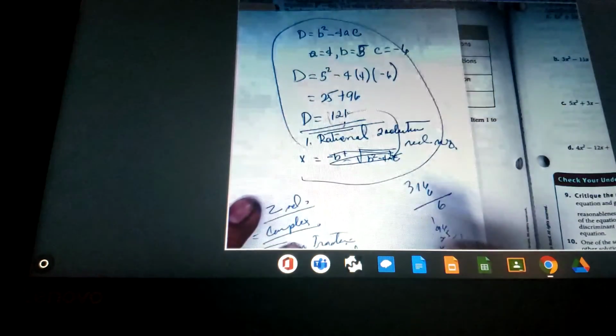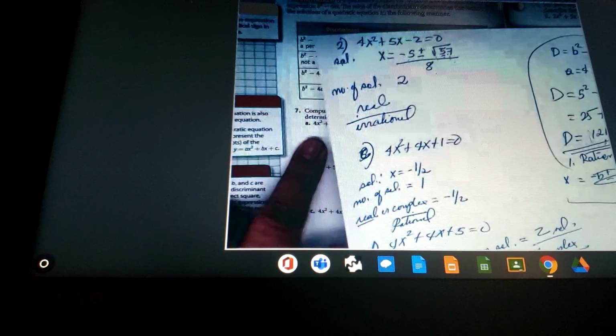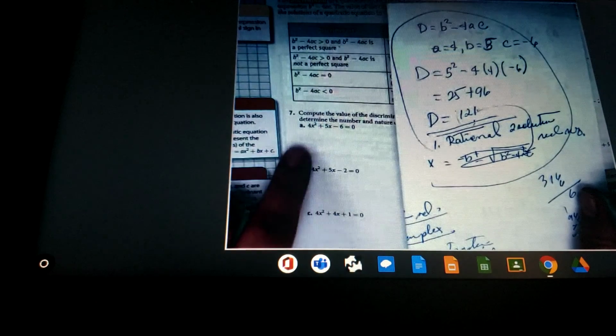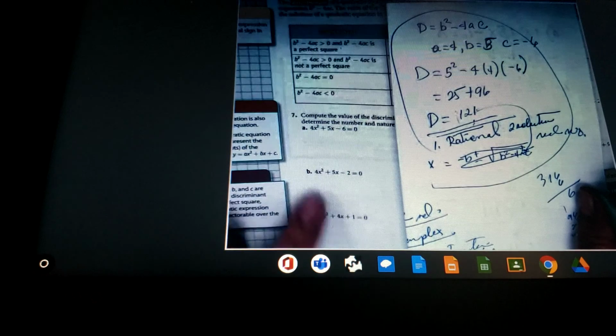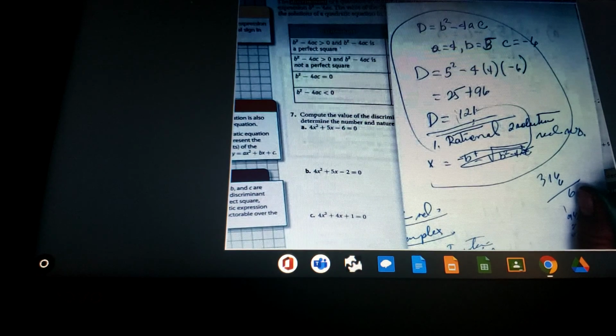Number 1. This one, 4x squared plus 5x minus 6. Okay? I want you to answer next, letter B. Get the discriminant.